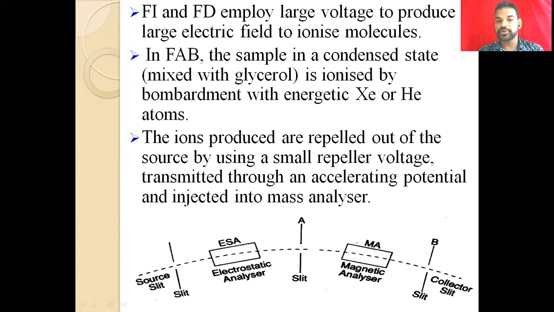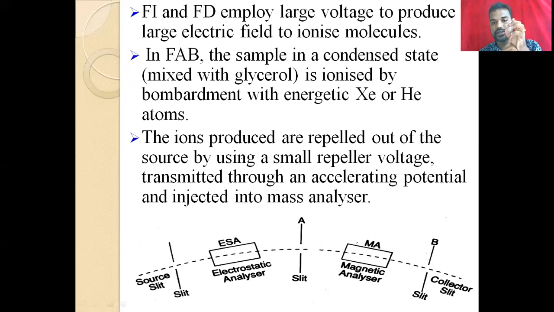So the ions produced are repelled out of the source. Now these are the methods or techniques used to produce the ions. After the production of ions, we have to pass the produced ions through the analyzer. So they give some amount of voltage or current to the source, that is, to the ions produced.